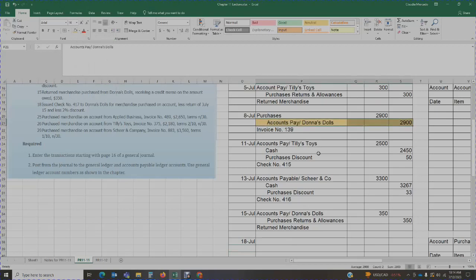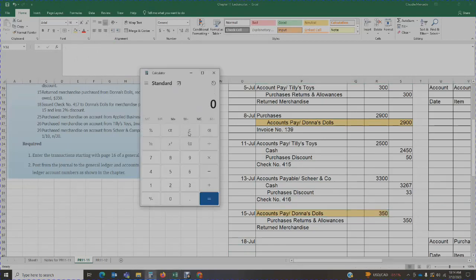We've got one entry there, and then we've got another entry to our accounts payable for Donna's Dolls there. We had purchased $2,900 from Donna's Dolls, then we returned $350. That means that we owe Donna's Dolls $2,550.